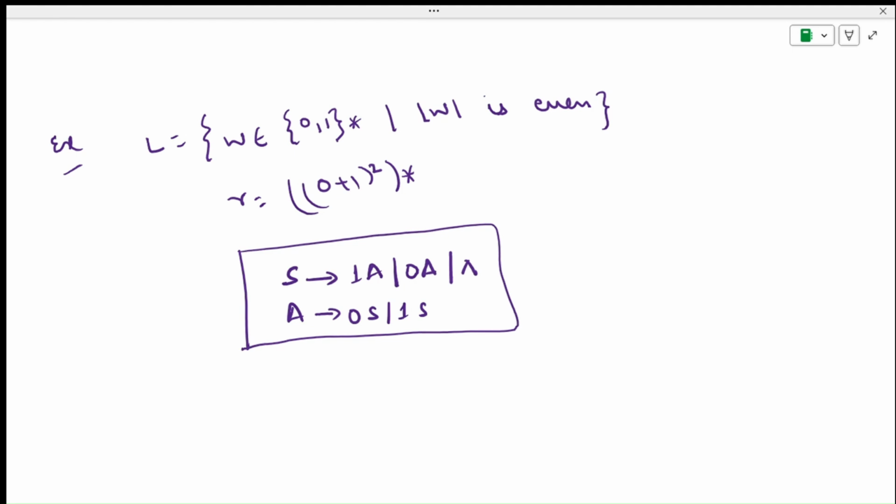For example, if I have this string, this is an even length string. So let me start with the derivation. S is replaced by 1A. Again, this A is replaced by, I need 1 again, so I will replace this A with 1S. Again, I want a 1. One more 1 is there, so I will replace this S with 1A.